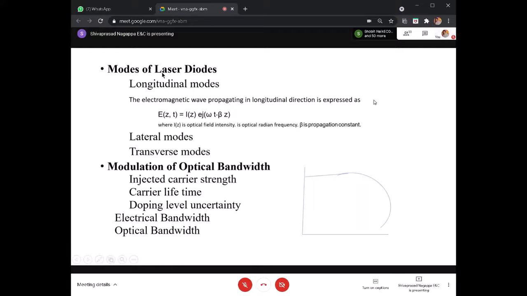Here, the modes of the laser diode. As I said previously, it can be longitudinal mode, lateral mode, or transverse modes.